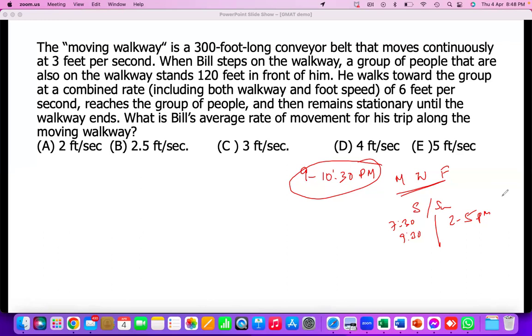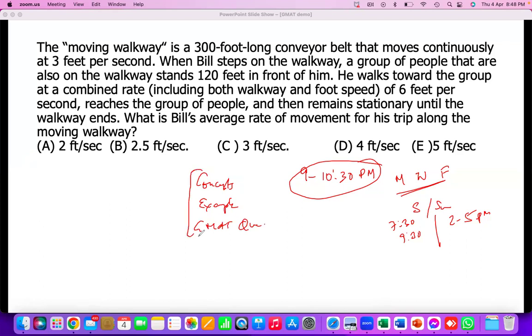I just wanted to know, this is a demo session, so you started with the questions first. On a regular basis, will you be first explaining the concept and then giving us assignments? Of course. The regular class happens like this: concept, then examples, then GMAT questions.